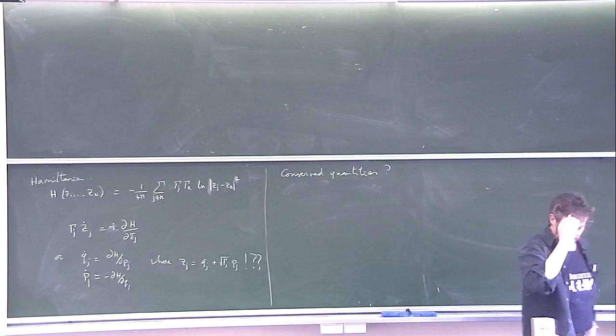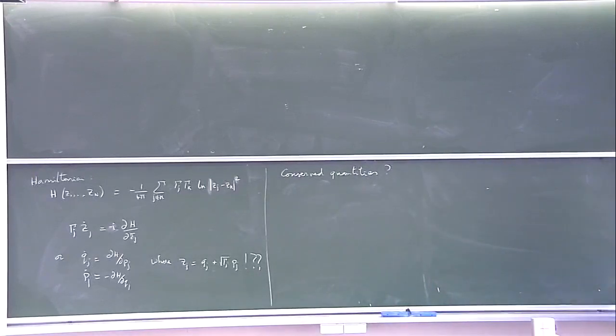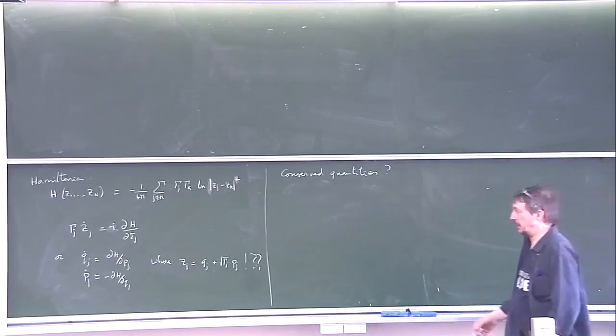So this system has 3 conserved quantities that are known classically.